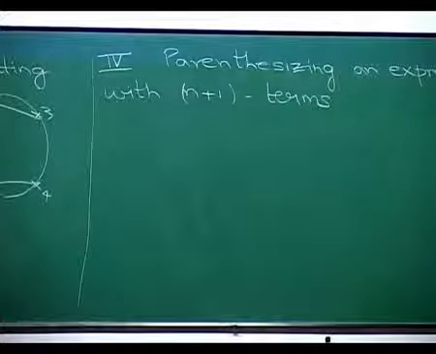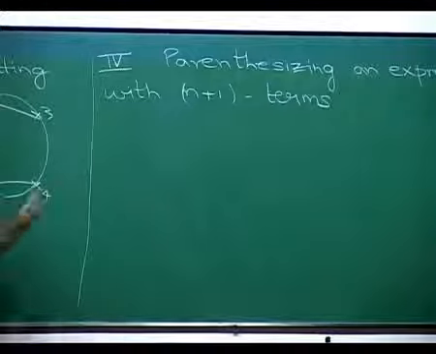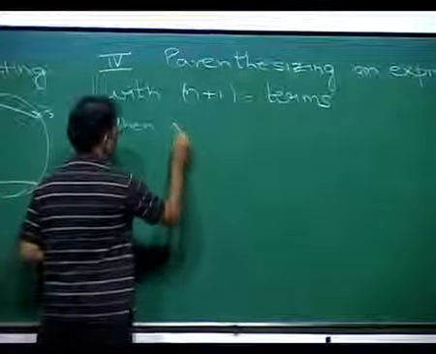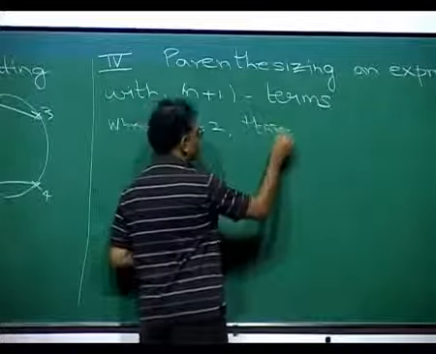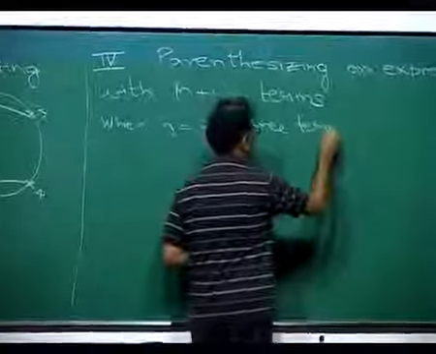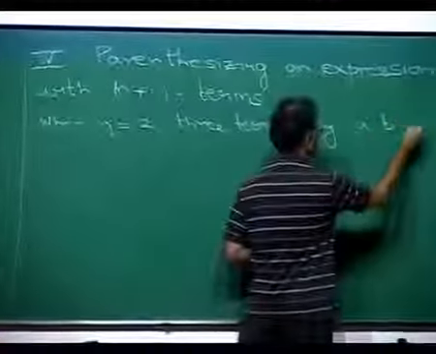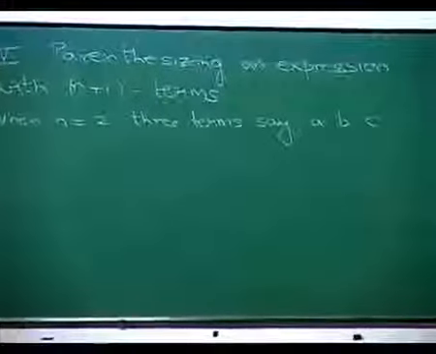Okay, in this, rather than beginning with 3, I'll begin with n equal to 2 first and see what happens. When n equal to 2, you have three terms, say A, B, C. So you have 3 terms A, B, C, and you would like to multiply these.